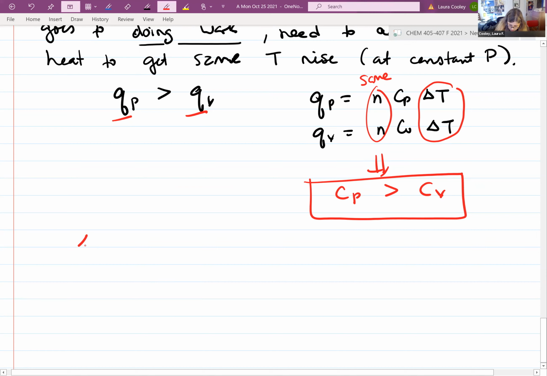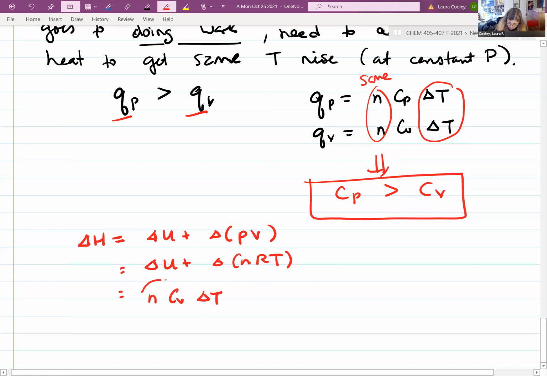Now, if you recall that equation I was talking about, remember we had this, right? And this became delta nRT. So this is nCV delta T for delta U. And this is plus, this becomes nR delta T because n is constant.